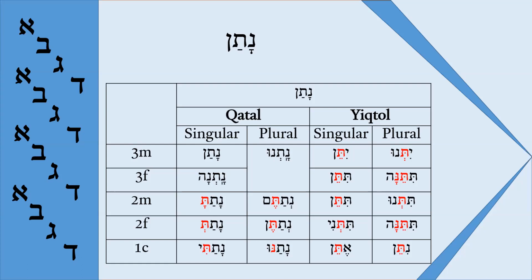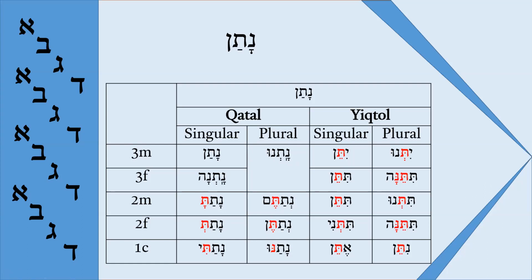Okay. So he gave, she gave, you, singular masculine, gave, you, feminine singular, gave, and I gave. And here they gave, you, masculine plural, gave, you, feminine plural, gave, and we gave. And the same we can see in the Yiktol.